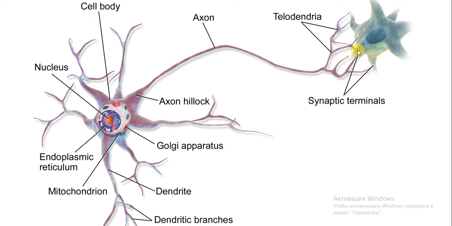They're known as synaptic knobs, synaptic terminals, or synaptic endings. These are different names for a similar structure. Sometimes you can hear synaptic button. They are present on the effector cell. It might be a dendrite of another neuron, it might be a muscular cell, it might be glandular cells.